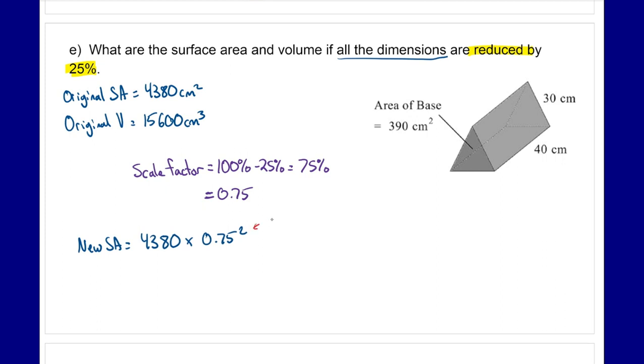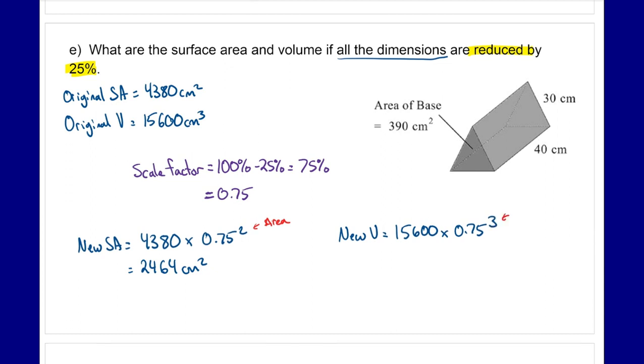Again, area is a square unit. So 4,380 times 0.75 squared, we get approximately 2,464 centimeters squared. The new volume will be very similar. I take the original volume and I'm going to multiply it by the scale factor, but the scale factor is raised to a power of 3.